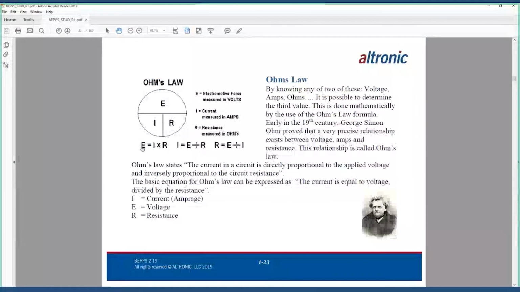So to find our voltage, it's our amperage times our resistance. So if we take our amperage, .00081 times 1,000 ohms, 0.81 is our answer.